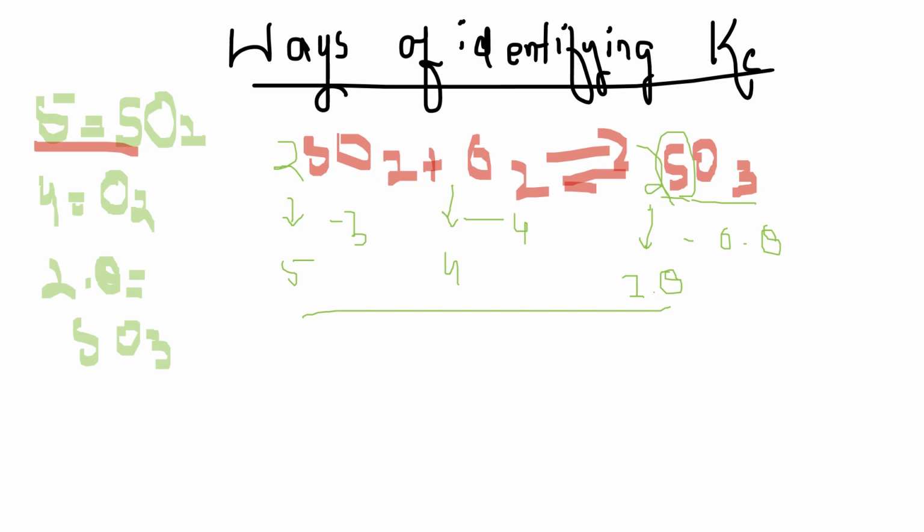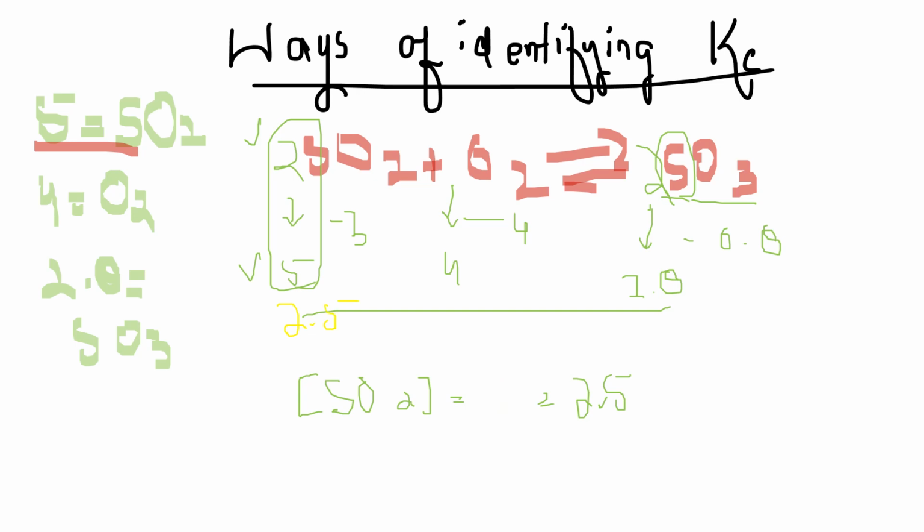So what we're going to do is simply start writing the concentrations. Here we have the reactants and this is the product. We're going to write the concentration of SO2. That would be 5 upon 2, respectively 2.5. I'm going to first write here 2.5.